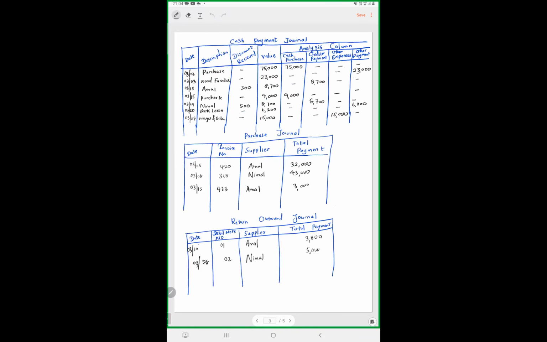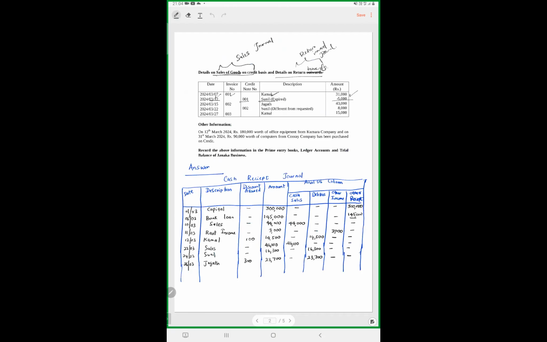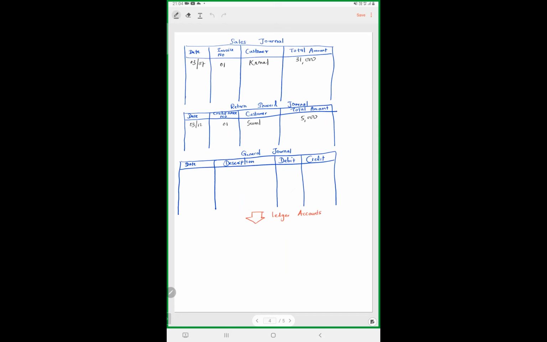The next one, we have sold to Jagat. Invoice number 2. The date is 15 March. The amount is 43,000. Jagat, 15th March, 43,000.